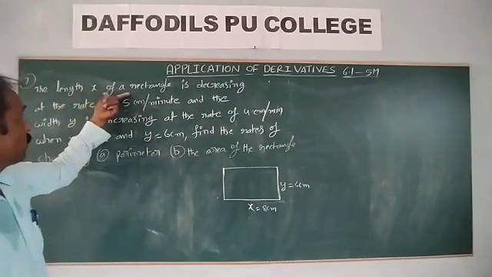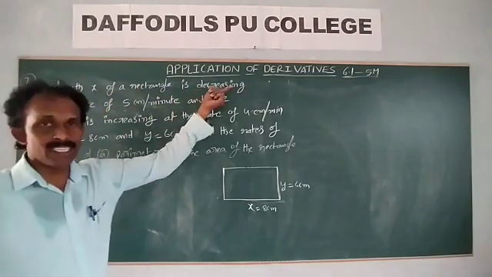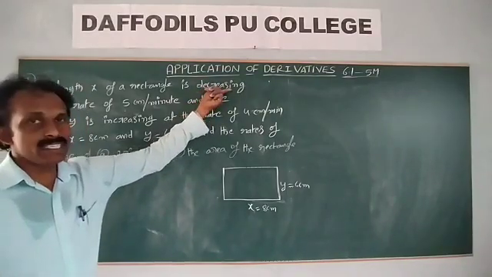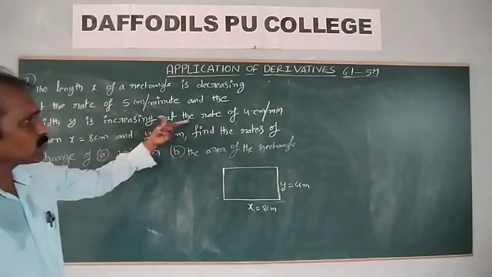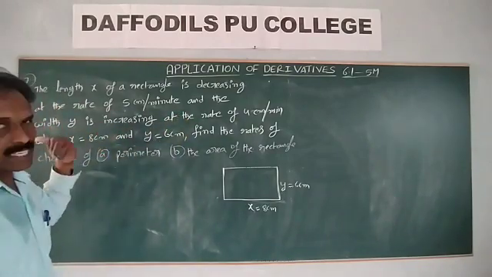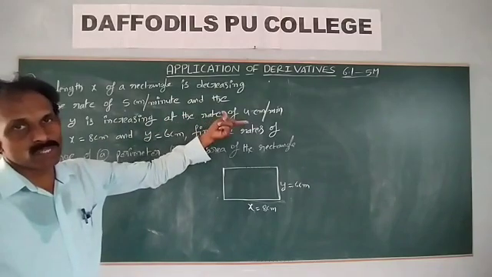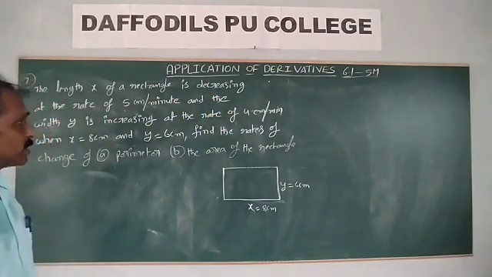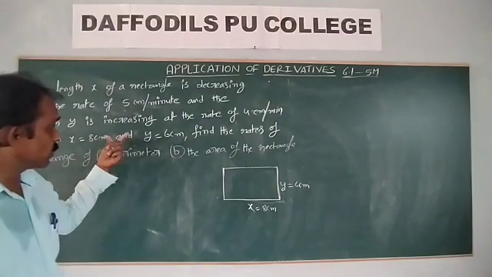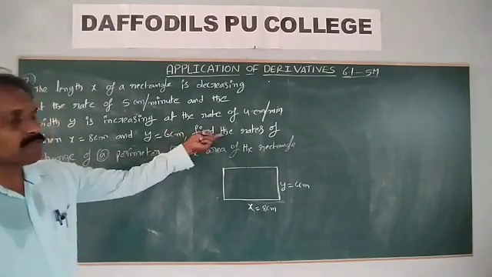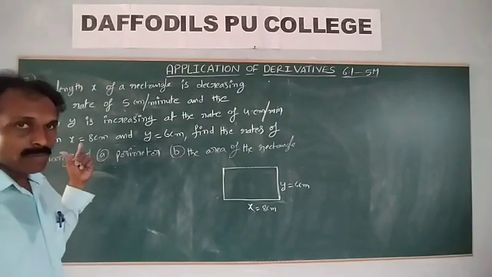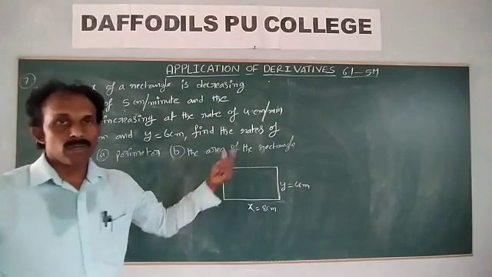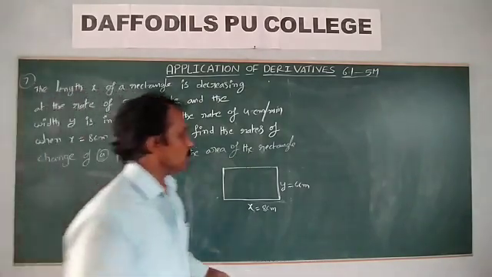The length x of a rectangle is decreasing, so the rate of change in this has some change, but it is decreasing. The width also has some change, but it is increasing at the rate of 4 centimeter per minute, while length is decreasing at 5 centimeter per minute, and the original values are x equal to 8 and y equal to 6 centimeters. Then find the rate of change of perimeter and the rate of change of area of the rectangle. So look here.